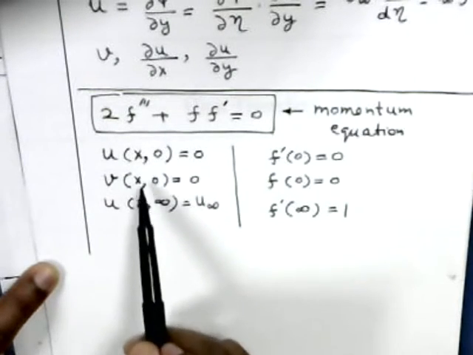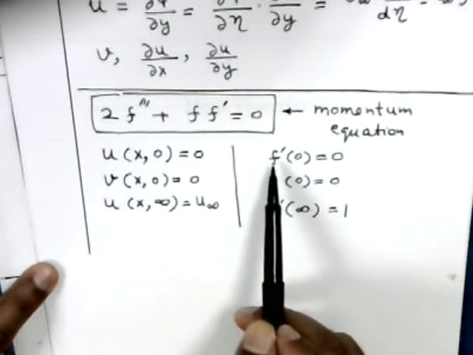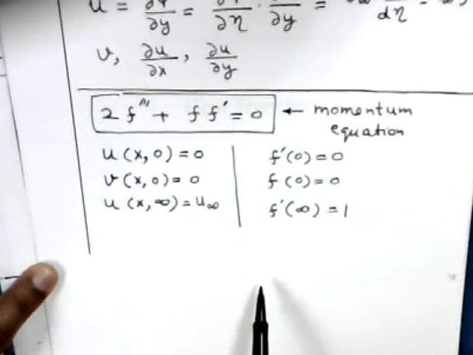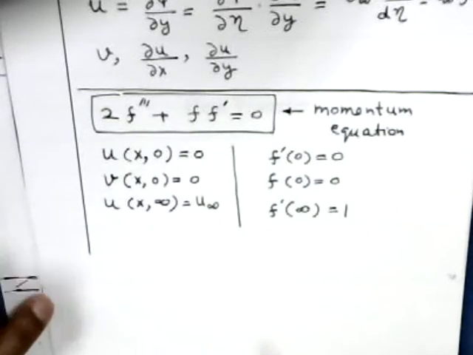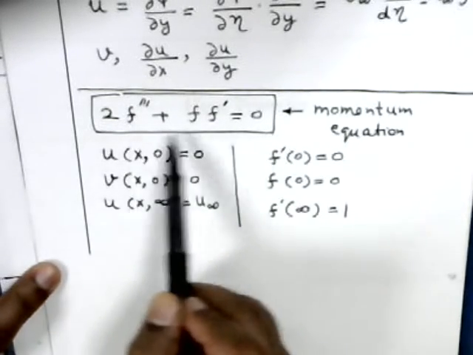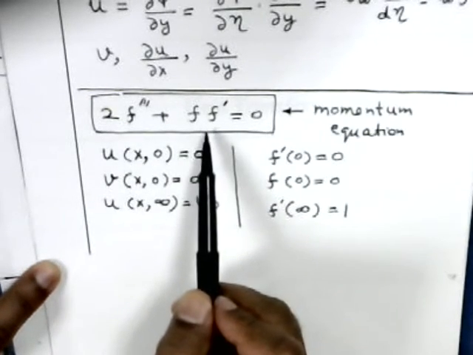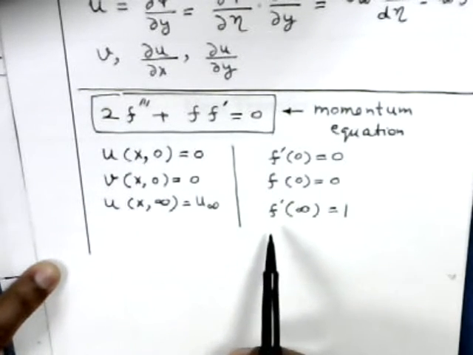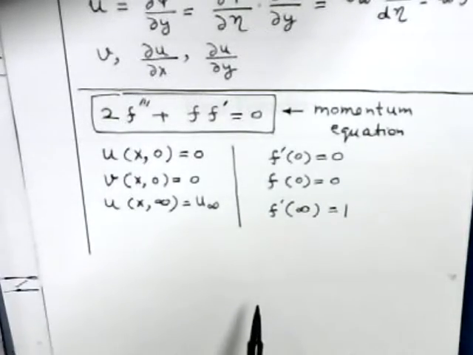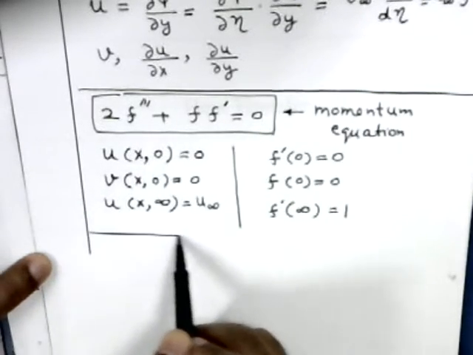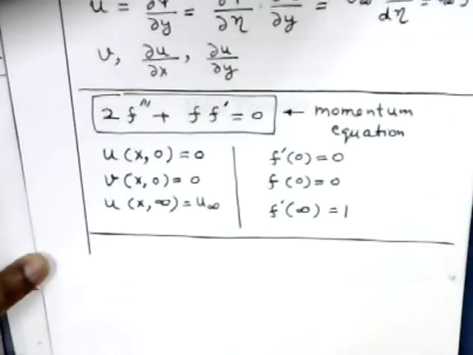So these 3 boundary conditions in terms of u and v are the same as these boundary conditions in terms of f. There is no analytical solution for this equation, but this ordinary differential equation can be solved numerically very easily, even without using a computer. So Blasius actually solved this equation, and after solving this equation, you get the velocity profile.